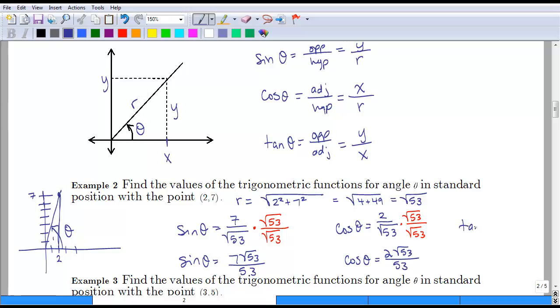And finally, tangent of theta is going to be the opposite, or the y, which is 7, over the adjacent, or x, which is 2. And we don't have to do any rationalization for that because we have whole numbers. So take a second, make sure all of this makes sense before we move on to the next example.